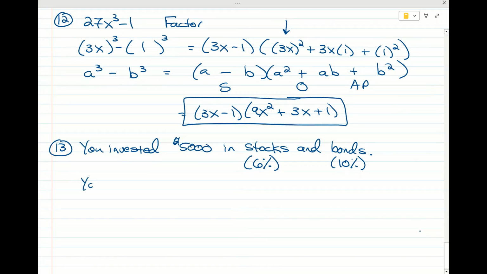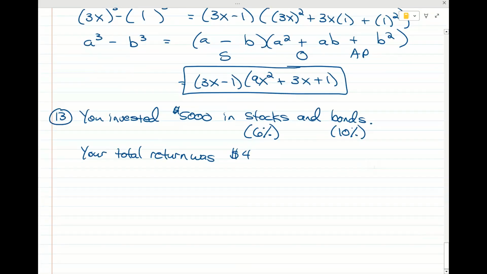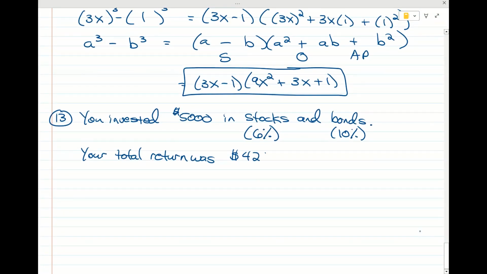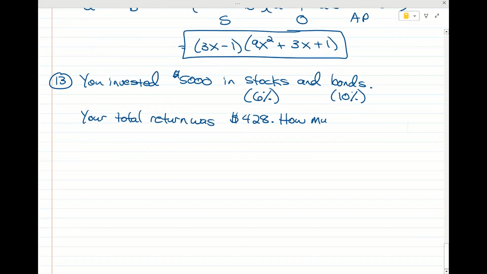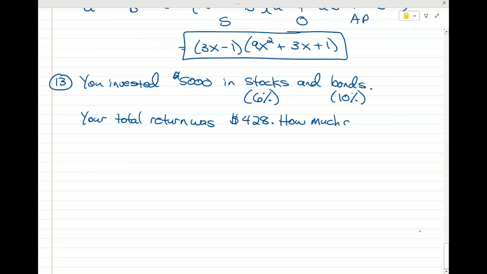Your total return was $428. How much did you invest in each?